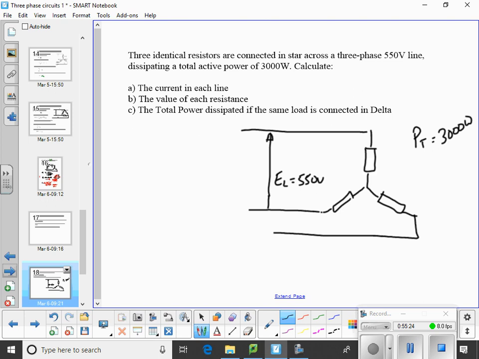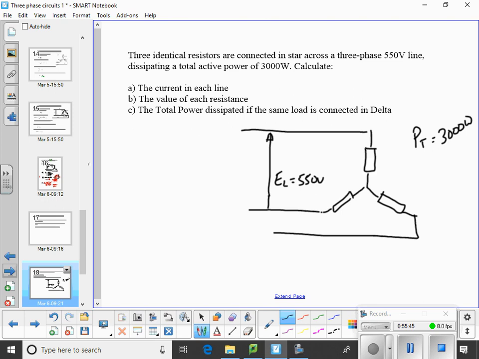Right. And the question says, calculate the current in each line, the value of each resistance, and the total power dissipated if the same load is connected in delta. Right.